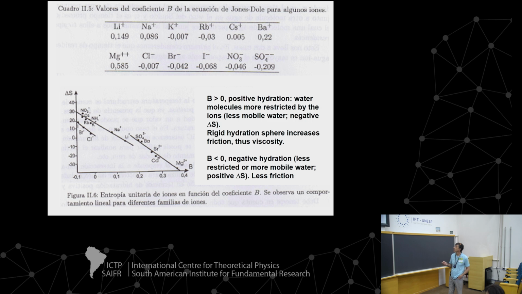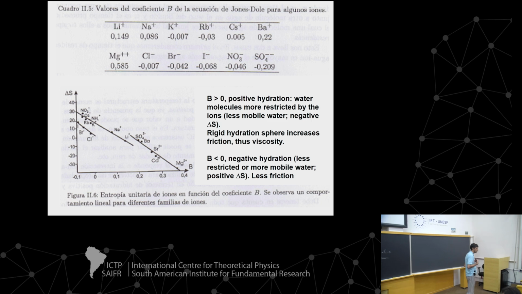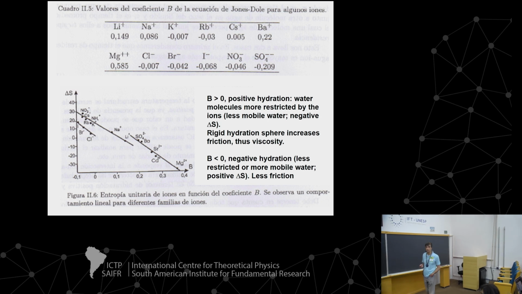Water around the ions is less restricted in its movement, so we are going to have less friction. And this would be, of course, related to entropy, restricted water or free water. This entropic contribution is due to the solvent, and this is important since when we speak about hydrophobic interaction, we're going to see that it's an entropy-based phenomenon.